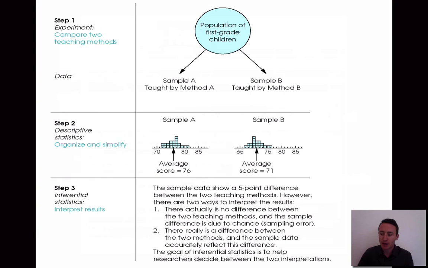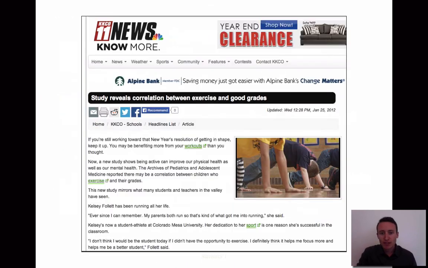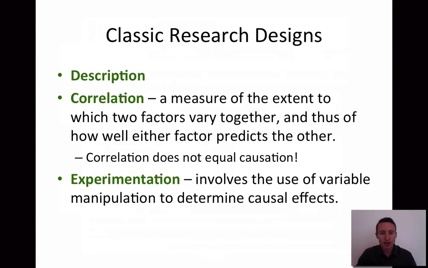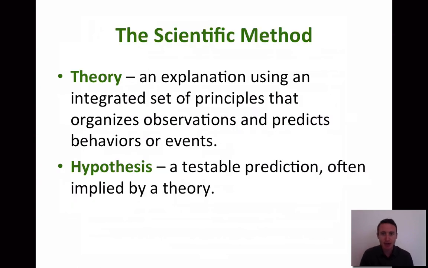We can determine whether or not candidate A or candidate B is going to win the election based on a sample of voters. So these research methods are found in all areas of science, and we're going to touch upon them in this course so that we can learn how the scientific method applies to various social sciences, and of course how statistical analyses are involved.